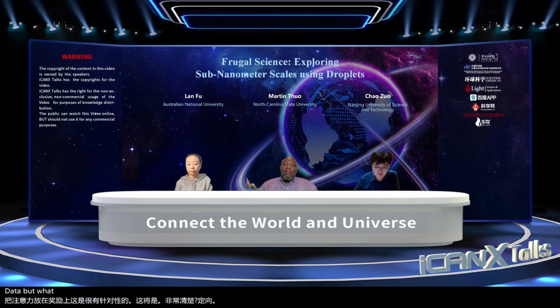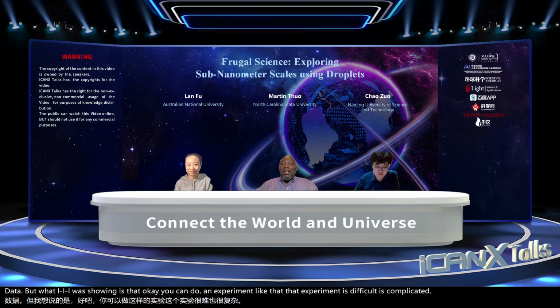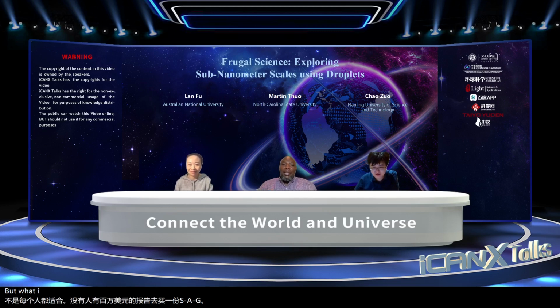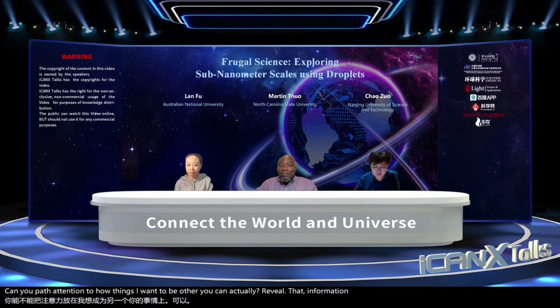But what I was showing is that, okay, you can do an experiment like that. That experiment is difficult, it's complicated. It's not for everybody. Nobody has $750,000 to buy an SFG. But what I was saying is, if you understand the molecules you have, and you pay attention to how things are interacting with each other, you can actually reveal that information, or a good chunk of that information, without requiring an SFG.